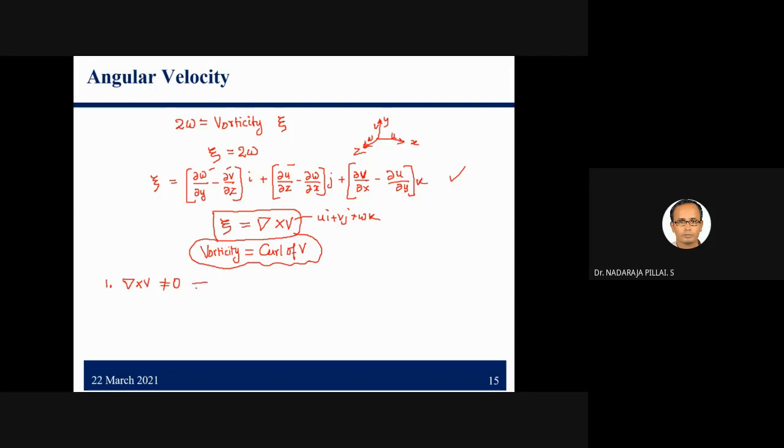If del cross V is not equal to 0, what does it mean? There is a change in the W component with respect to Y, or any of these exists. That means the flow is rotational flow.